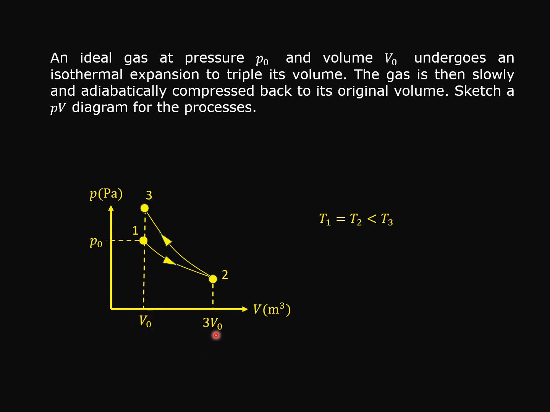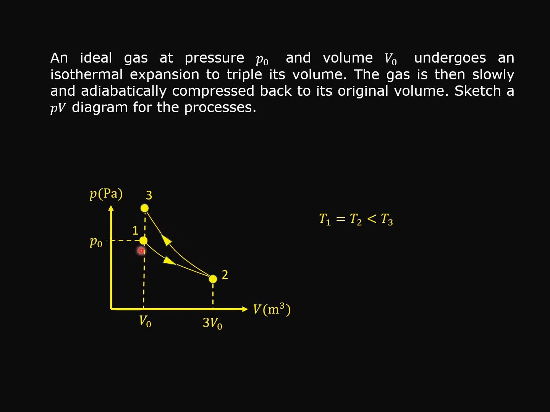So here is V0. Now state number 2 has a volume of 3V0. And after that, the gas undergoes the adiabatic compression, and its volume changes back to the initial volume.